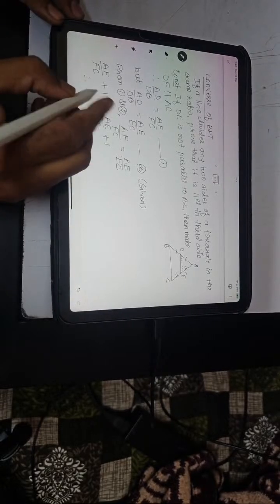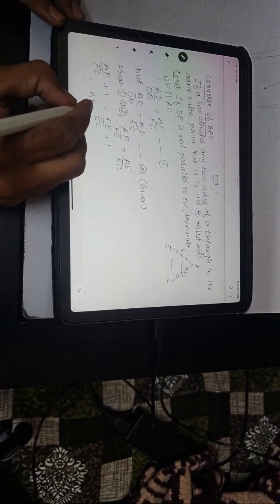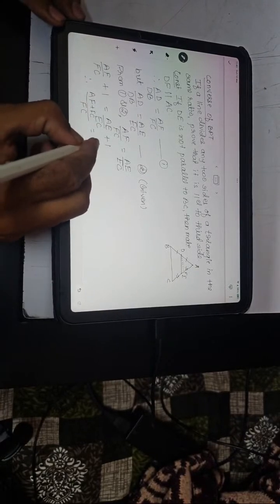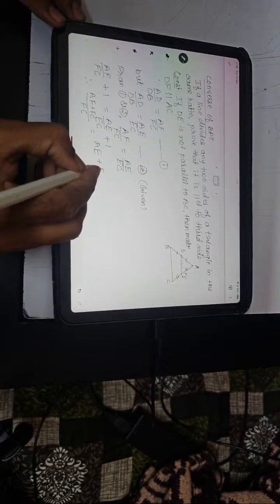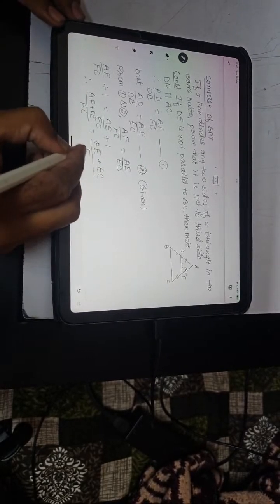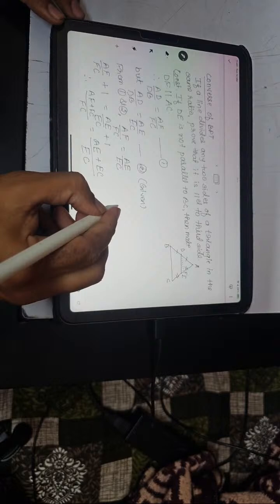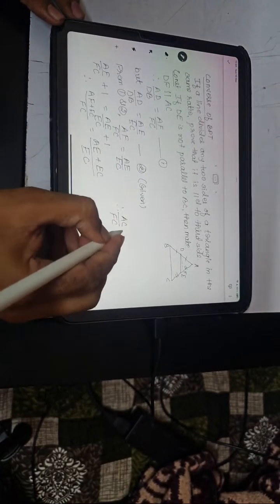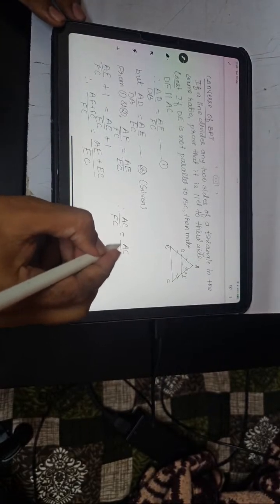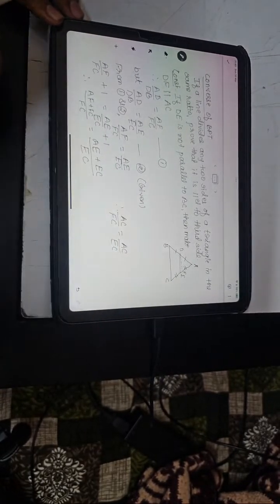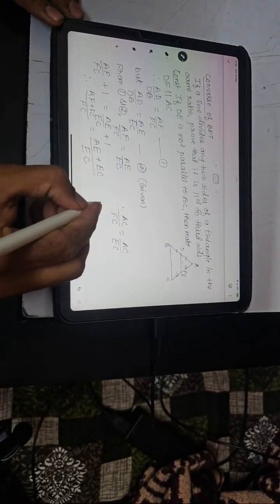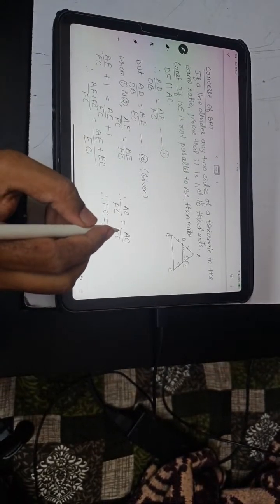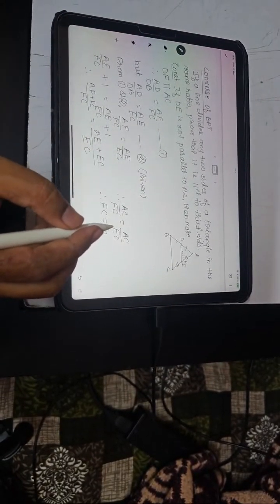So therefore, AF plus FC upon FC equal to AE plus EC upon EC. So I can say AC upon FC equal to AC upon EC. Now see, AC both sides are equal, so can I say FC equal to EC?